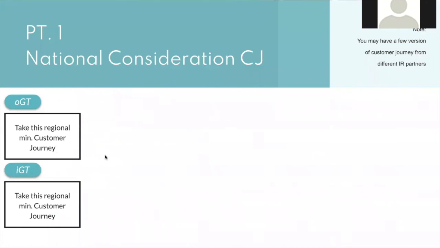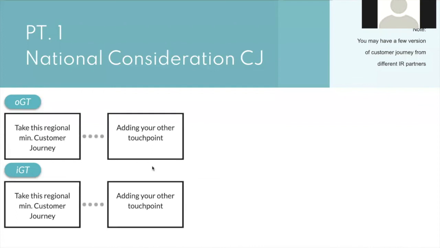For example, we're going to use XPA, and these are the information we have: trackers, emails, what will be discussed with your IR partner, and how OGT will inform the EP. If your entity has promotional material or any other matching process for IGT, you can also take that into consideration. So you take the regional minimum, and if you have other touch points, add them on top of that.